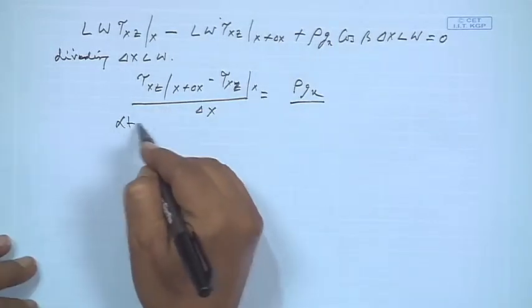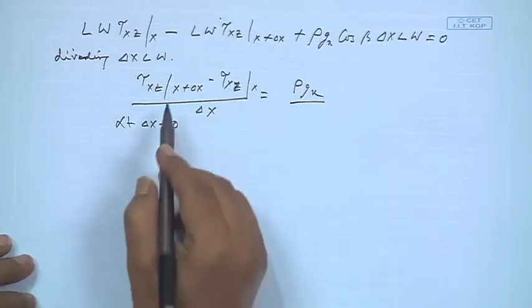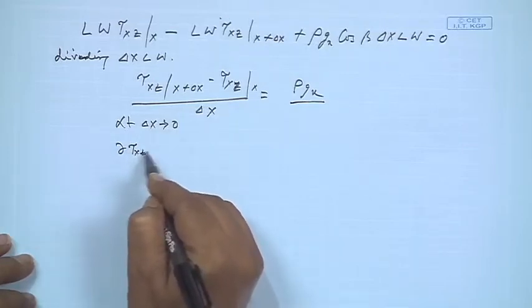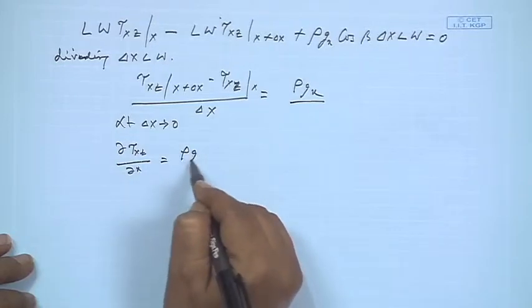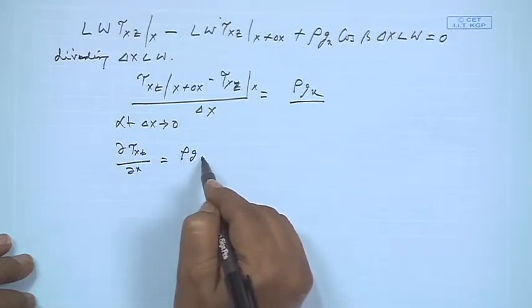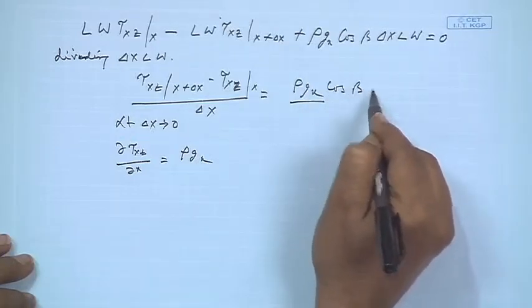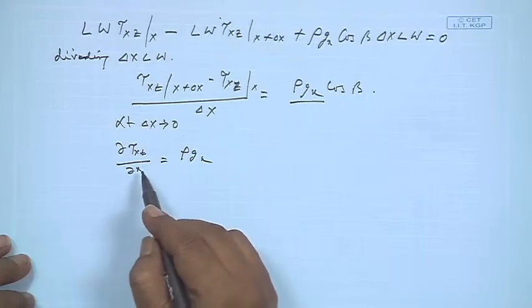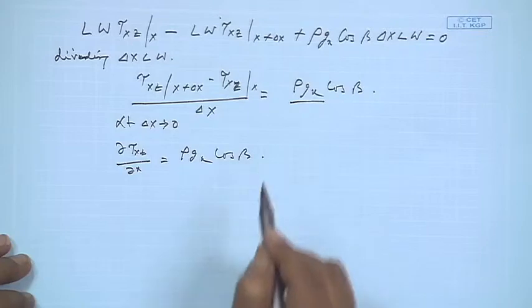Now, putting the limit delta x tends to 0, from the definition of the derivative, del x of tau xz equals rho g x cos beta.